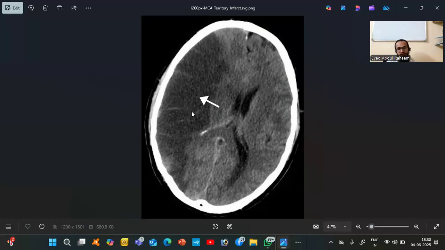This is affected here. This is the area where the blood supply is stopped, which is why you see gray or black color. Here there is a different color.